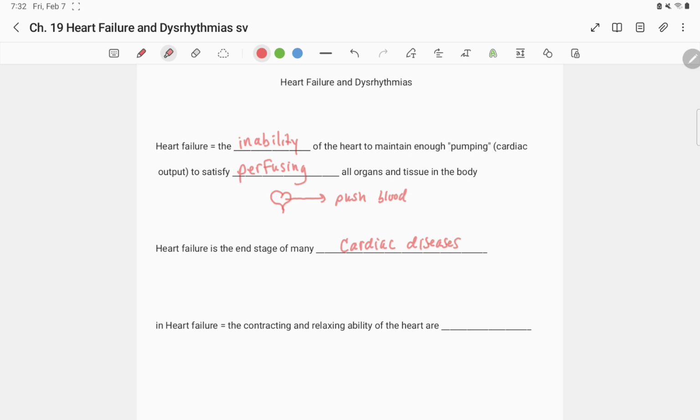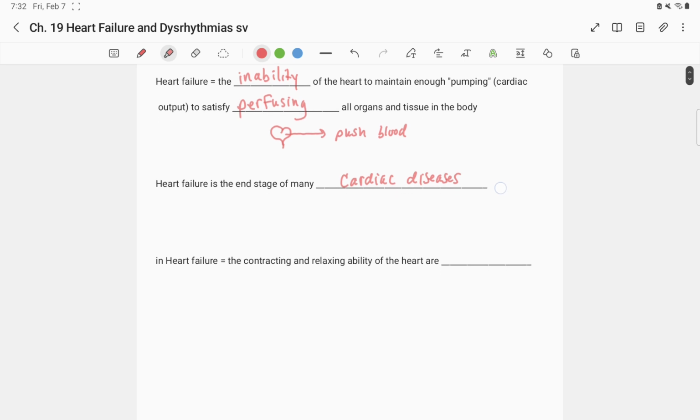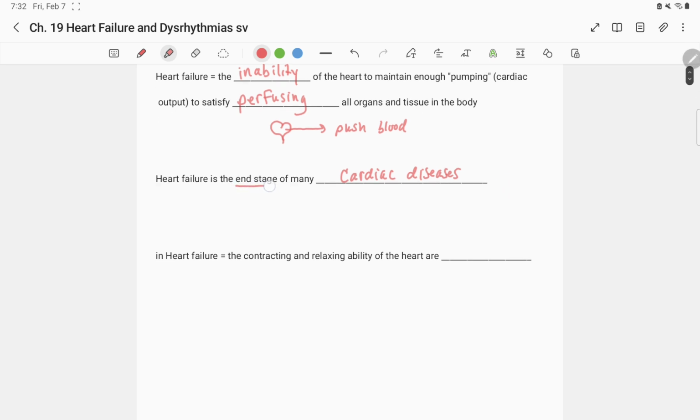Which means that there has to be all these heart issues to begin with, and those heart issues add up over time and then eventually lead to heart failure. So that's why it's the end stage.